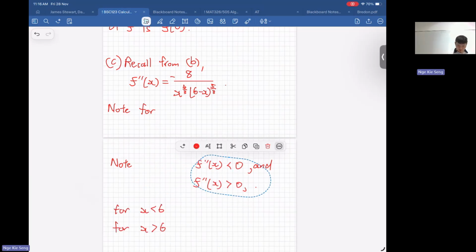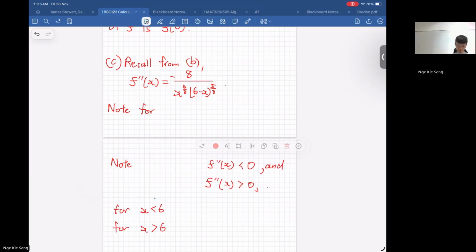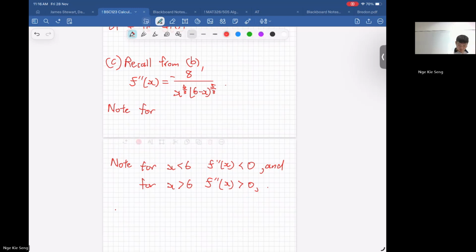So this is true. And then for x greater than 0, I think we need to split it out. So when x is greater than 0, 4 over 3 x to the power 4 is greater than 0.